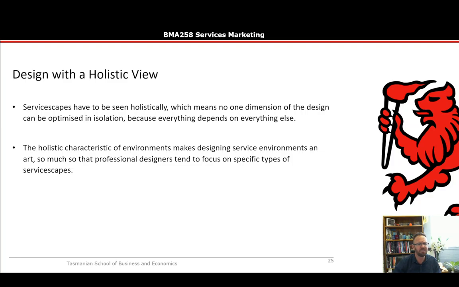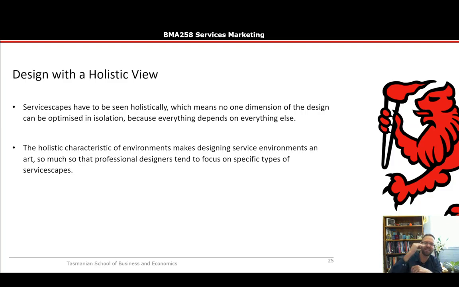So servicescapes have to be seen holistically, and that was one of the key things of the servicescape model. We've got all these dimensions of the servicescape, and when you look at each dimension individually, you can kind of make connections, but you've got to work out all these individual dimensions coming together to have one overall servicescape.